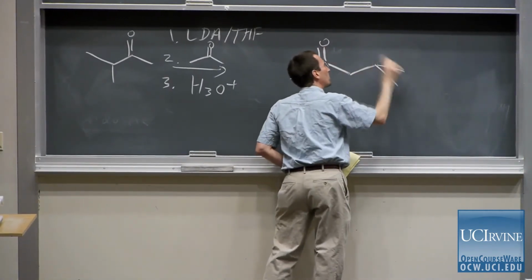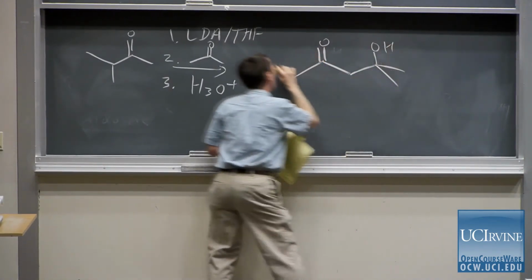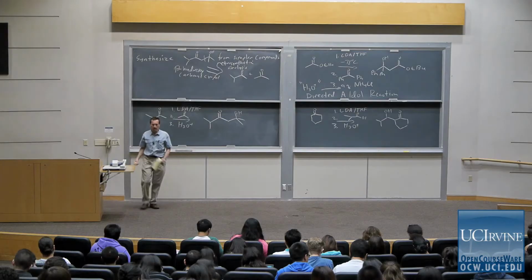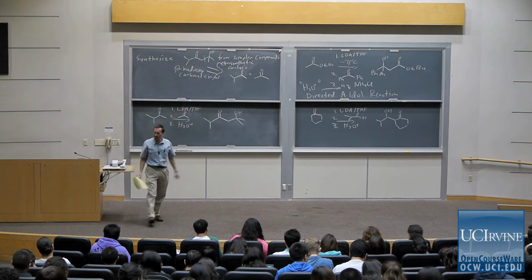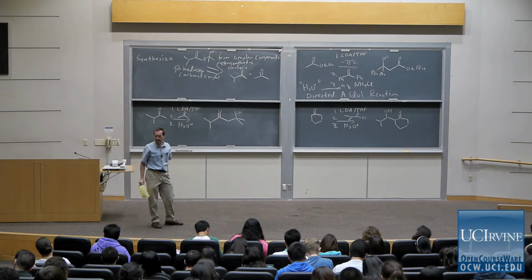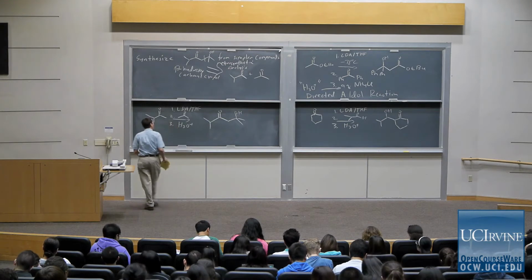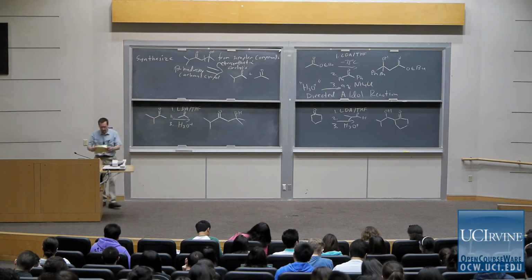And if you use something like HCl, you're not going to let the reaction get hot. You're not going to stir it for a long time. You're just going to add a little dilute HCl and immediately do your liquid-liquid extraction. We'll come back to why that's important in a moment and later on.